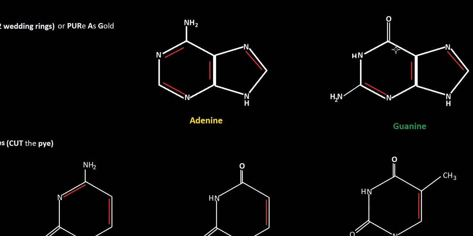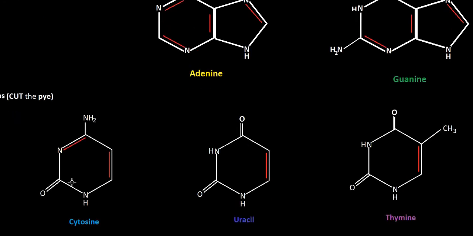You do some modification, but just to remember, there's a carbonyl group in guanine as opposed to adenine. And cytosine also has a carbonyl group, but it only contains one ring in its structure. For uracil, you have 2 carbonyl groups. And for thymine, you have 2 carbonyl groups plus a methyl group.